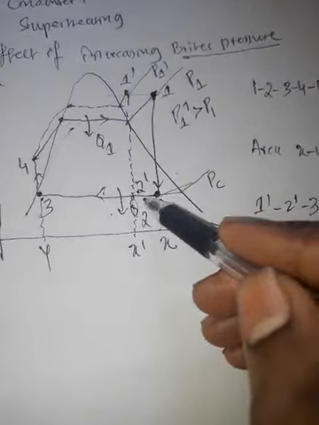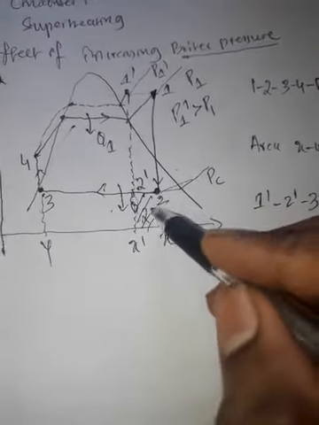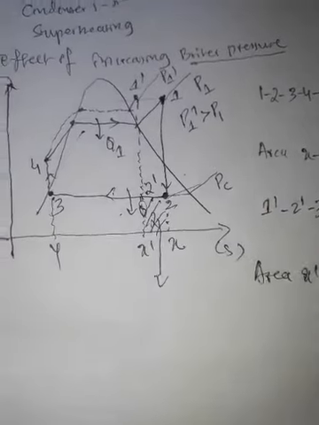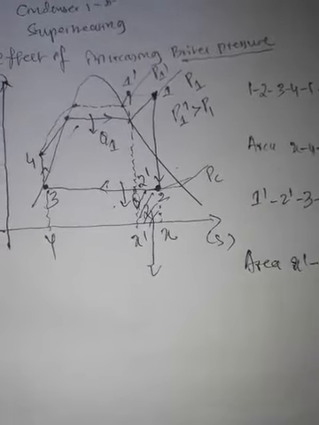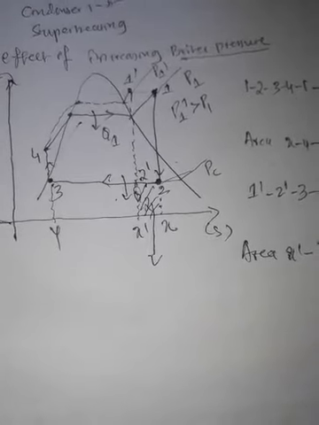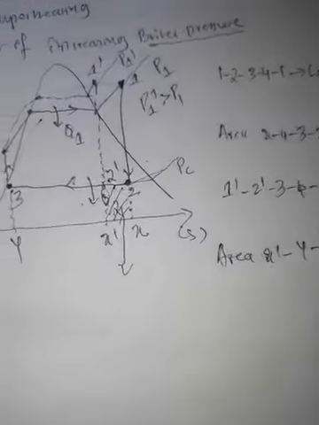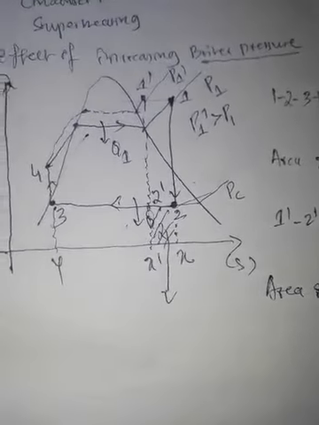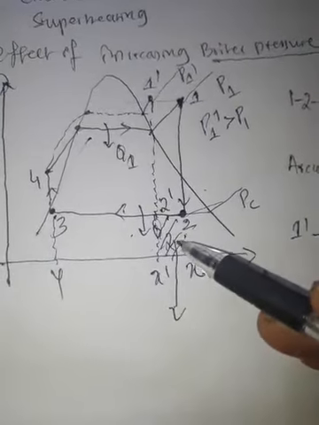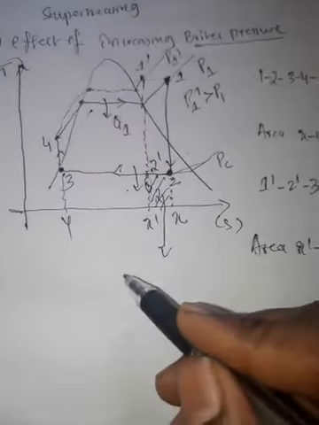So now finally, as per our discussion, this is the area which makes the difference. This represents reduction in the heat rejection. What does this represent?